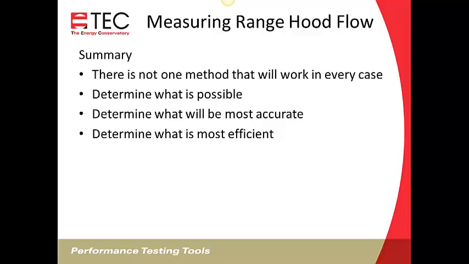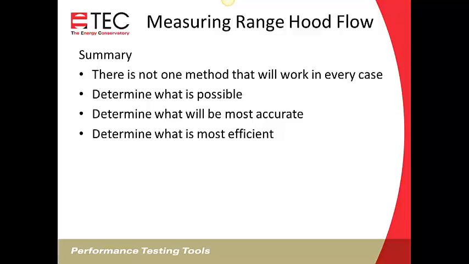If you've already got a box set up to work, and you've got a duct blaster fan, you've already got the duct blaster in the house, you've got that box you use for that pressure matching method using the duct blaster fan as a powered flow hood, then you may find that that's going to be the best situation to use.